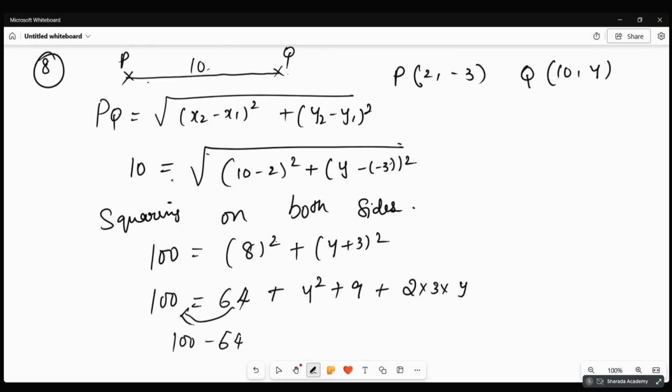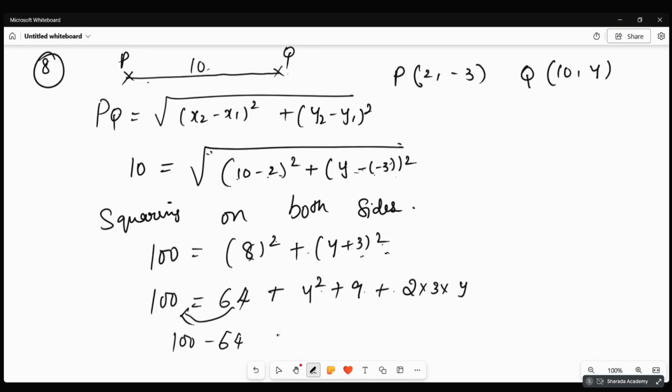Squaring on both sides, you will get 100. 10 square is equal to, square and root I can cancel. 10 minus 2 is 8, 8 square plus y minus into minus plus, y plus 3 whole square. So now 100 is equal to 64 plus, using the a plus b whole square formula, y square plus 9 plus 2ab.